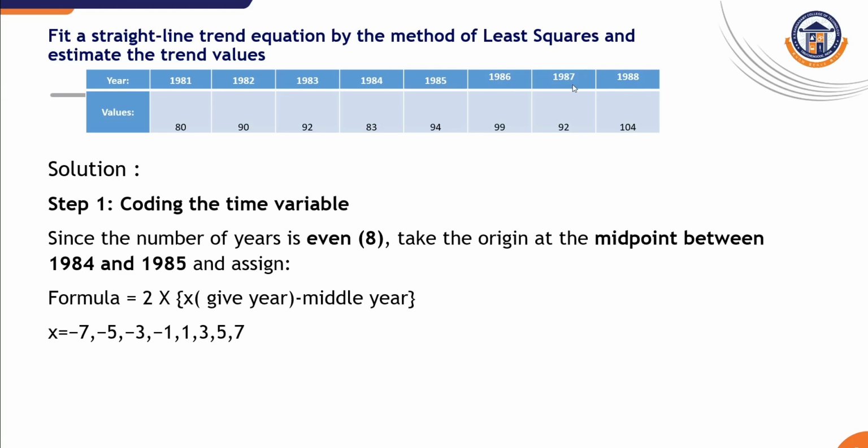And 1987 minus 1984.5, multiplied by 2, the value is 5. And 1988 minus 1984.5, multiplied by 2, the value is 7. So the values of x are minus 7, minus 5, minus 3, minus 1, 1, 3, 5 and 7.